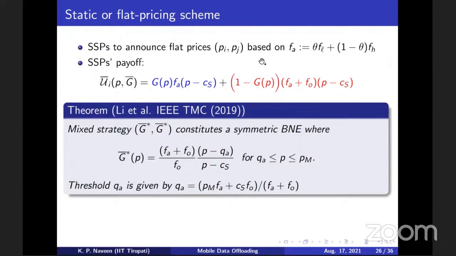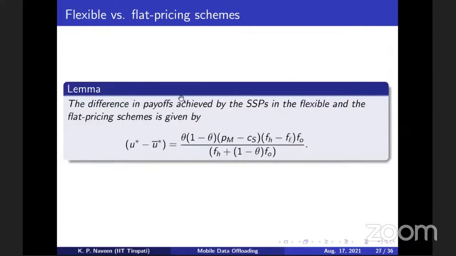That we call a flat pricing scheme. The difference in payoff is given by this. This is positive, which means that the SSPs benefit in the flat pricing scheme in terms of revenue. This is for the particular mixed strategy.